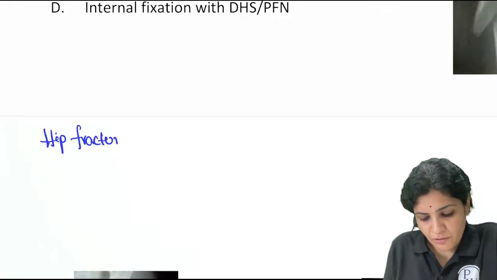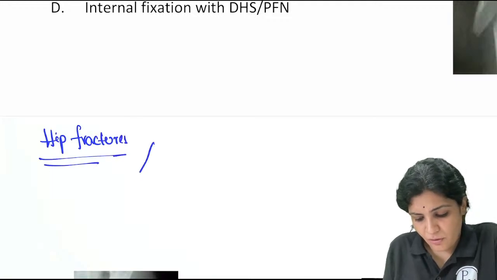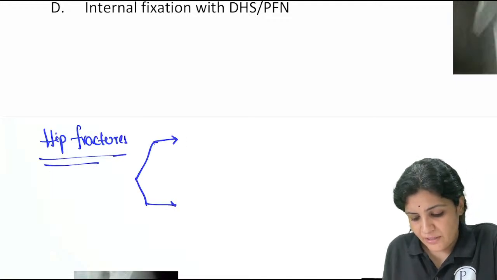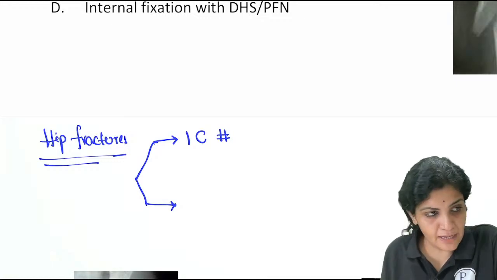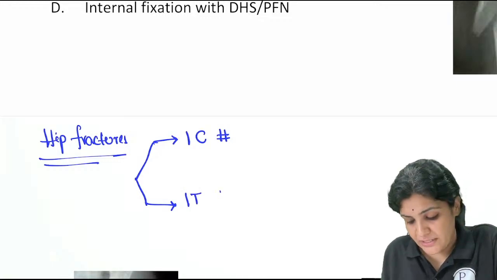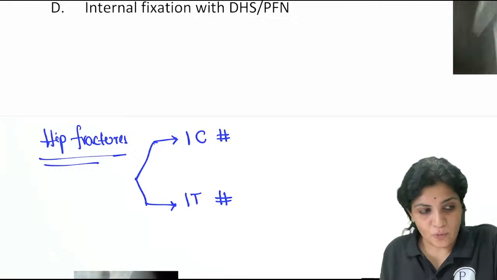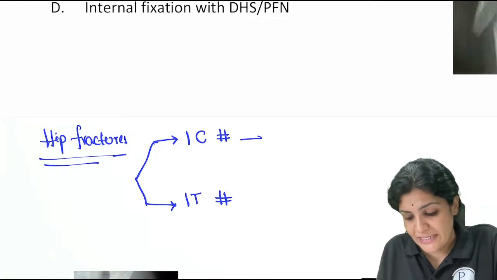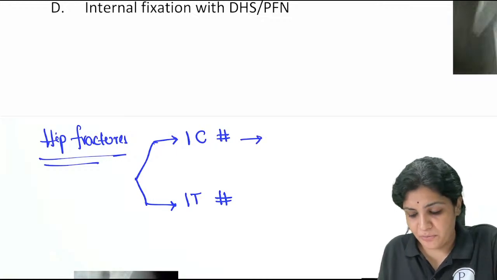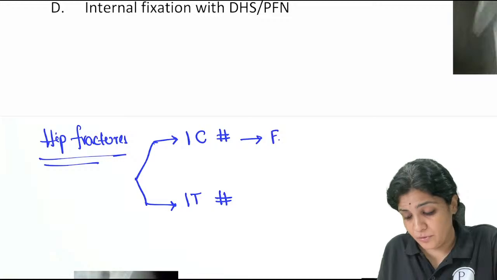So whenever you're dealing with hip fractures, you should always remember we are dealing with two types of fractures. One is the IC fracture, that is the intracapsular fracture, and the second one is the IT fracture, that is the intertrochanteric fracture. In the IC fracture, the femoral head is separated from the neck.